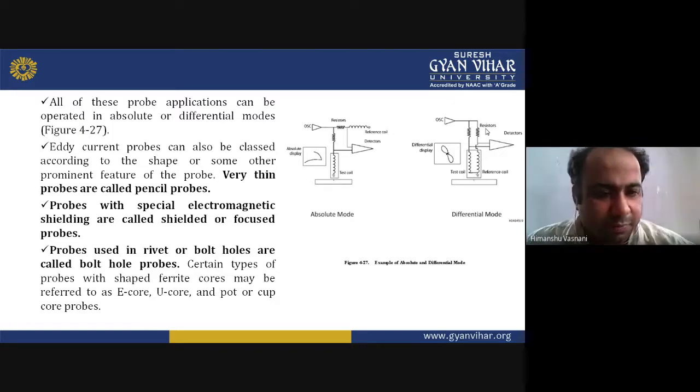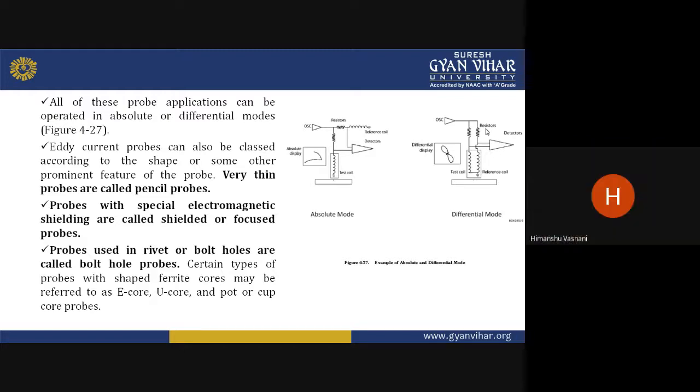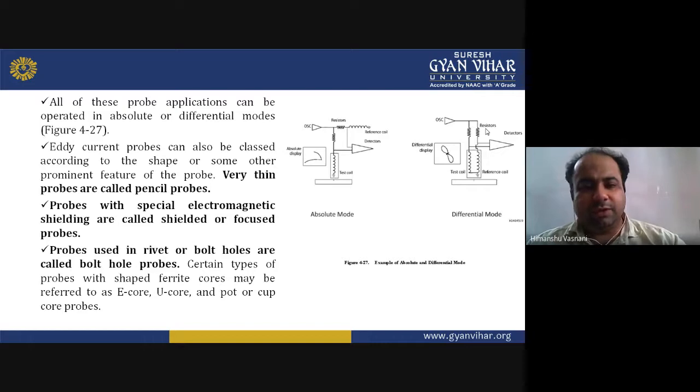Certain types of probes with shaped ferrite cores may be referred to as E-core, U-core, pot or cup core probes. We have been discussing probes for a long time, so now we should discuss MCQs in the current lecture.